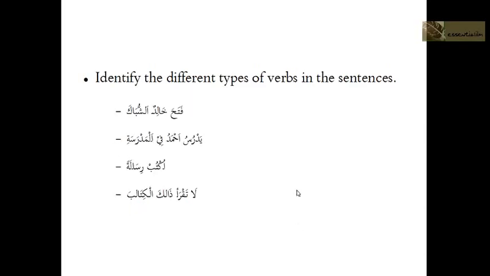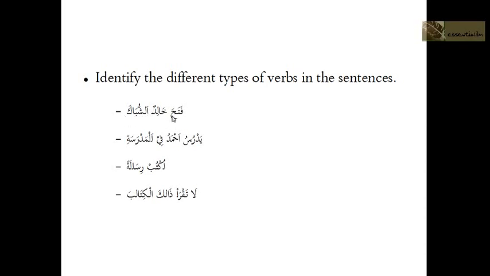Moving on, identify the different types of verbs in the sentences. Fataha Khalidun ash-shubbaka. Now just one thing, whenever you have a tanween followed by alif and lam, you put a small noon kasra here. Okay, so you say fataha Khalidunil. Okay, connect the noon to the lam. Fataha Khalidun ash-shubbaka.